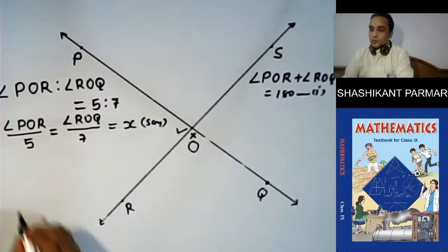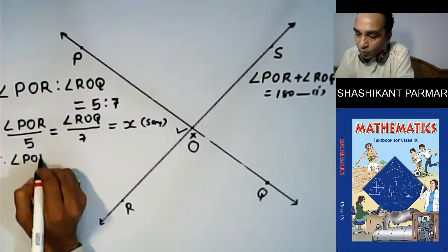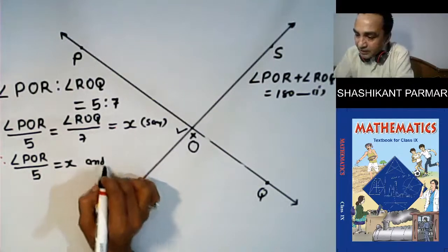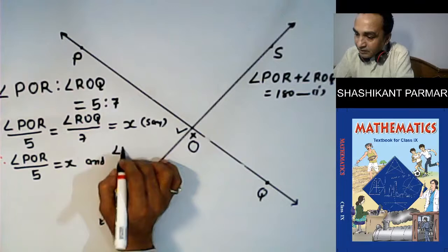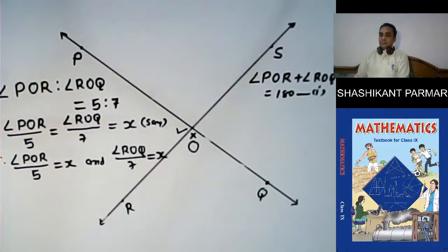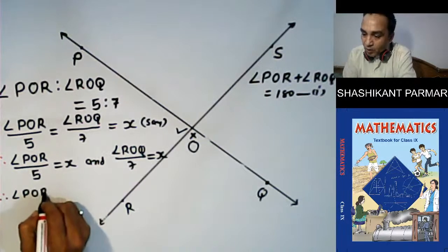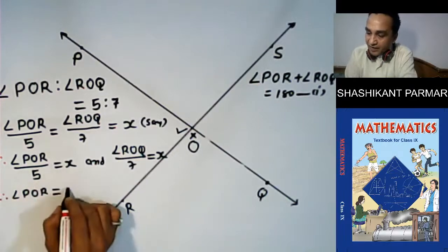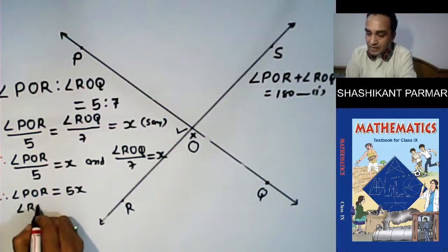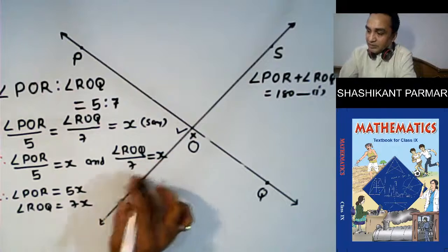So angle POR divided by 5 is equal to x, and angle ROQ divided by 7 is equal to x. Therefore, angle POR is equal to 5x and angle ROQ is equal to 7x.